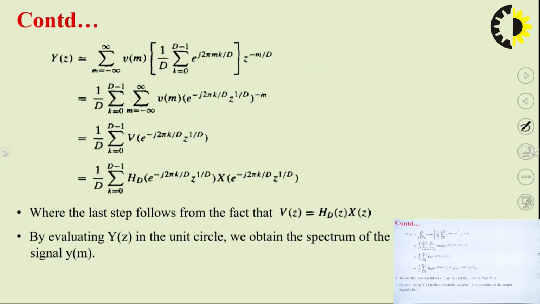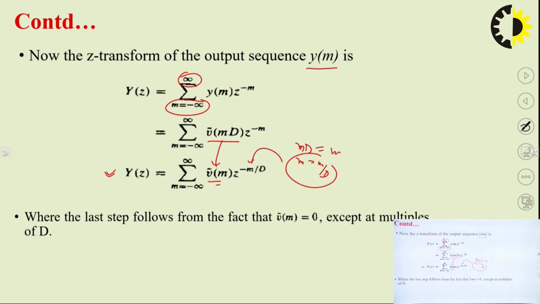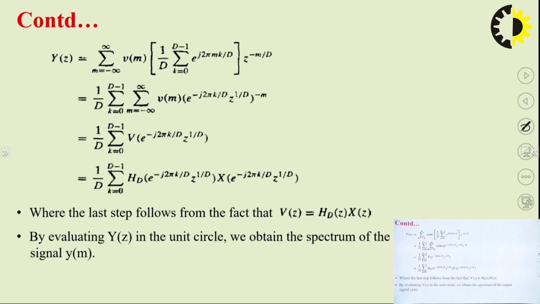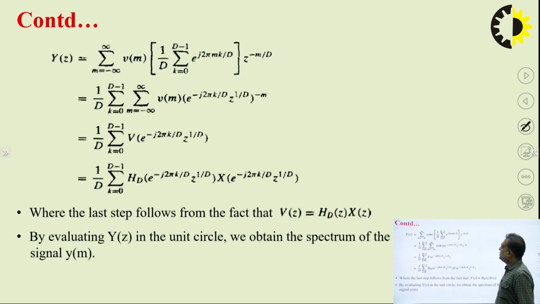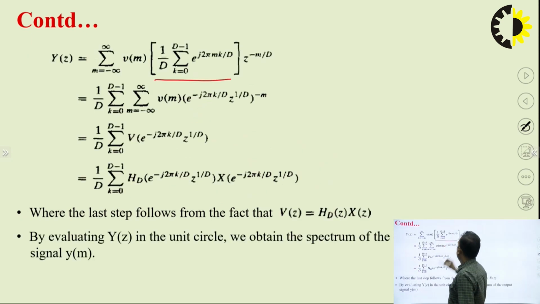Okay, now we will write this equation: v cap m equals vm into pm, and your pm is this expression, 1 by d summation k equals 0 to d minus 1, e to the power j 2 pi mk divided by d, multiplied by z to the power minus m by d.